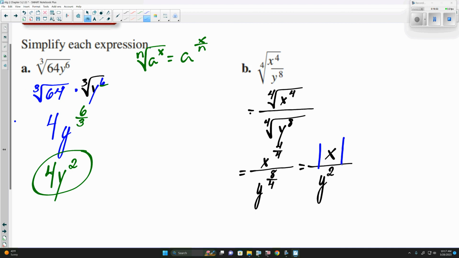However, since x is now to the 1st power, we need the absolute values to adjust for that sign change. I'm not going to count off if you don't put it in the homework, but again, I'm just pointing it out here so that we can see it. Any questions on any of this here? Nope. Let's look at the next one.